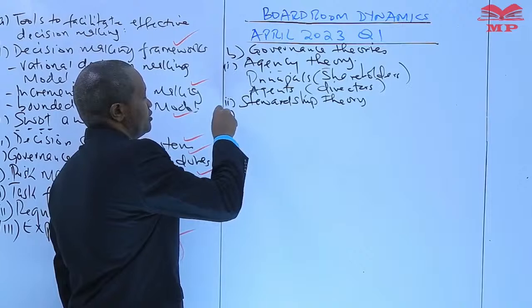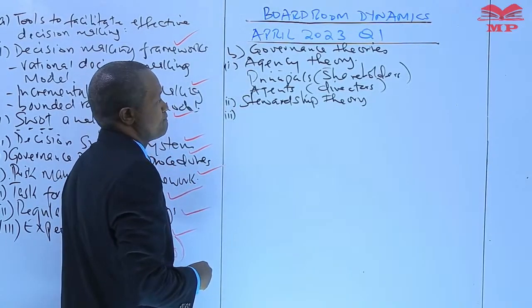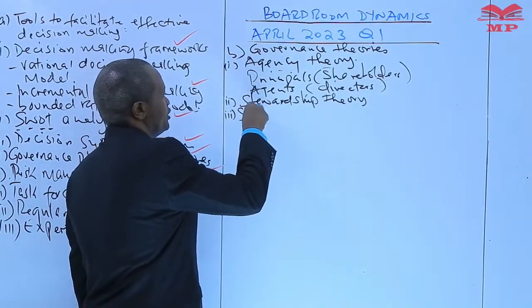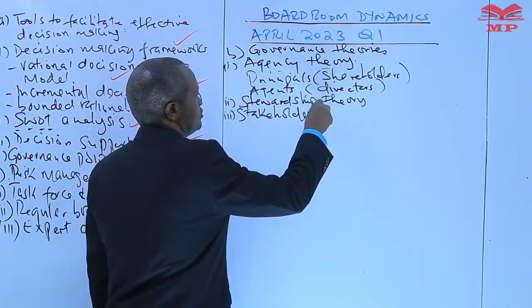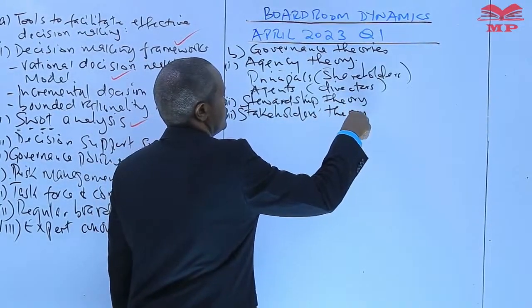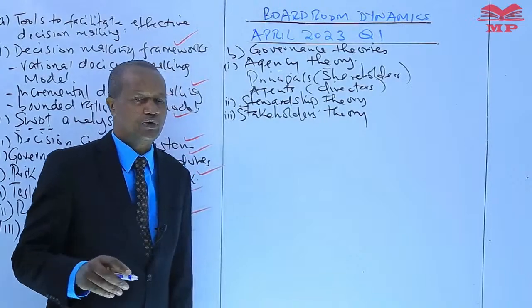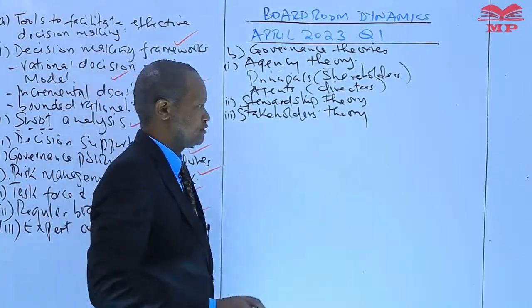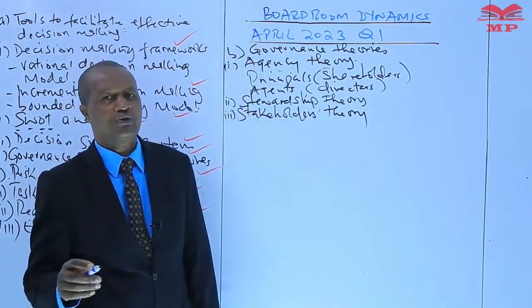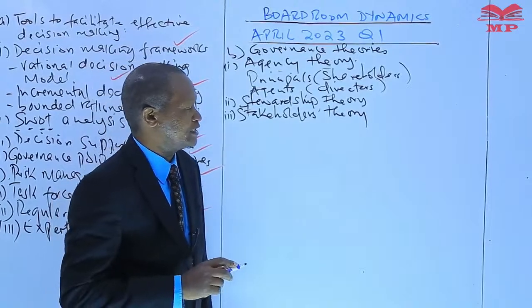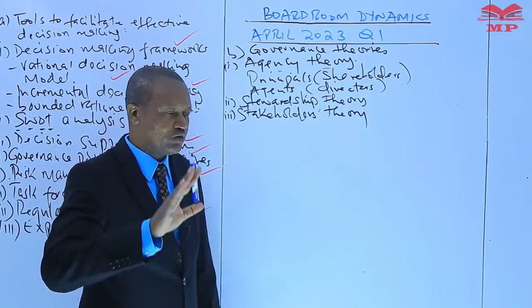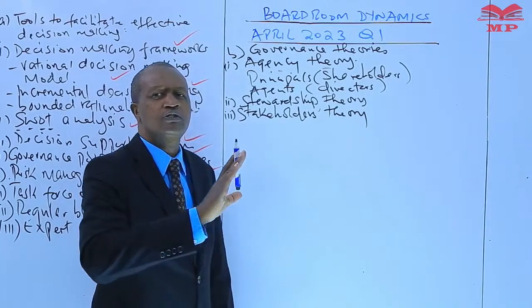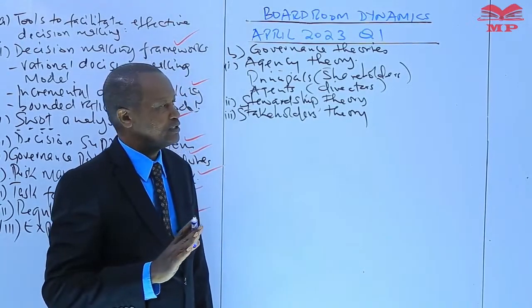Number 3 is stakeholders theory. Now, this theory emphasizes considering the interests of all stakeholders.